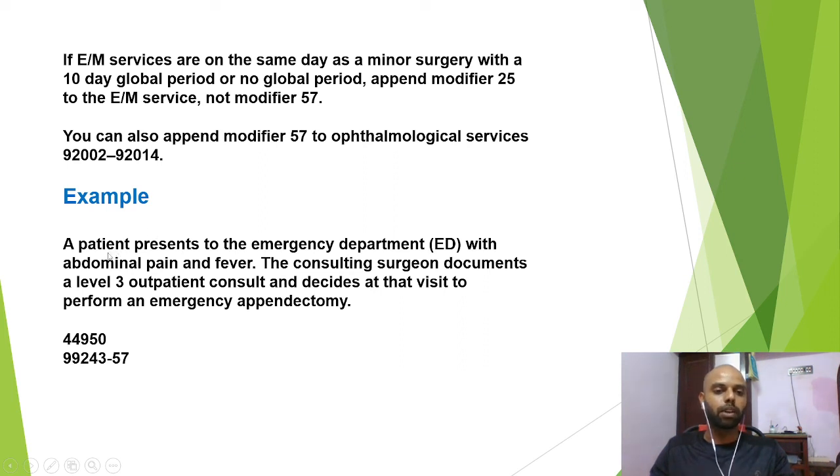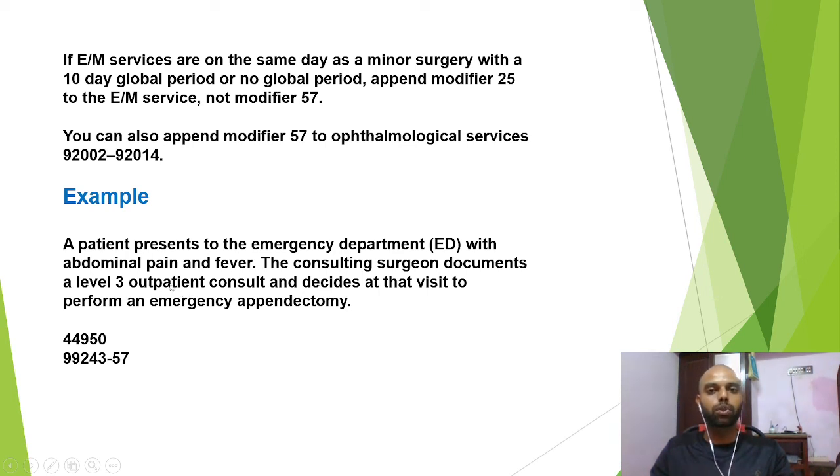Here is an example. A patient presents to the emergency department with abdominal pain and fever. The consulting surgeon documents a level 3 outpatient consult and decides at that visit to perform an emergency appendectomy. In this scenario, the patient wakes up in the morning with abdominal pain.